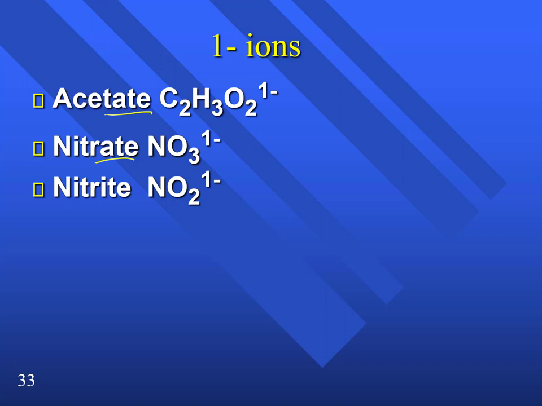Happens a few times on there. So there's no sense memorizing nitrite. Memorize nitrate and you can figure out nitrite. Does that make sense? So I'm going to suggest that you memorize the root words and the rules rather than each individual case.